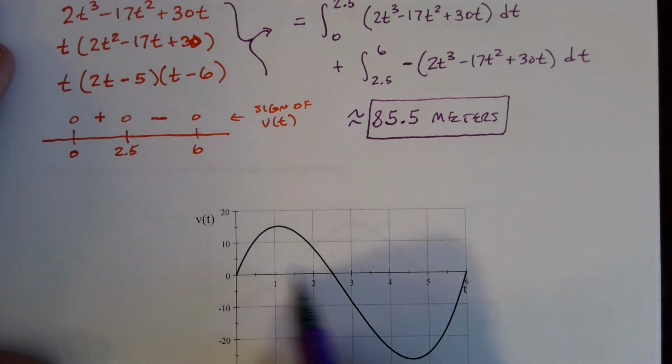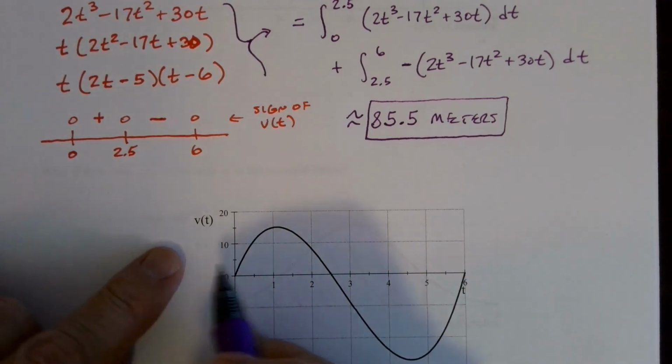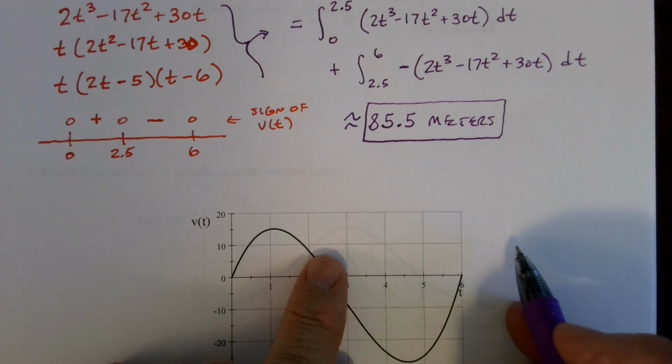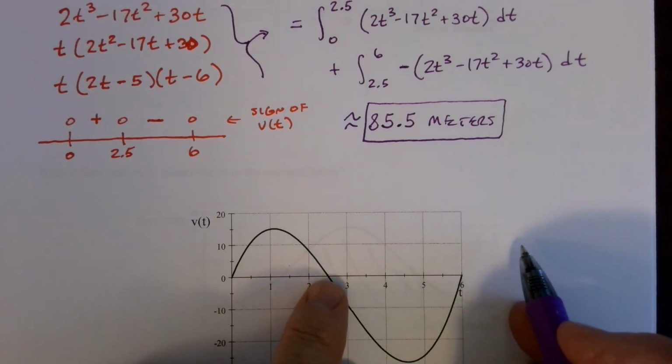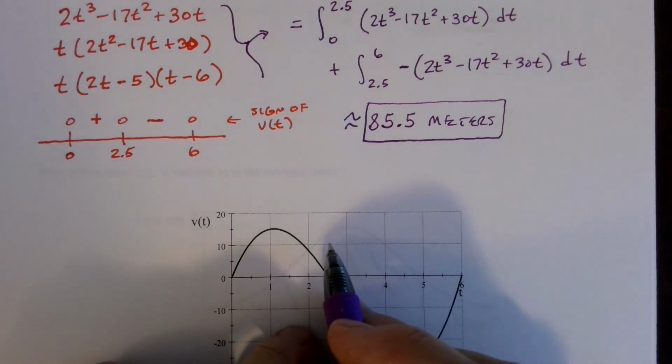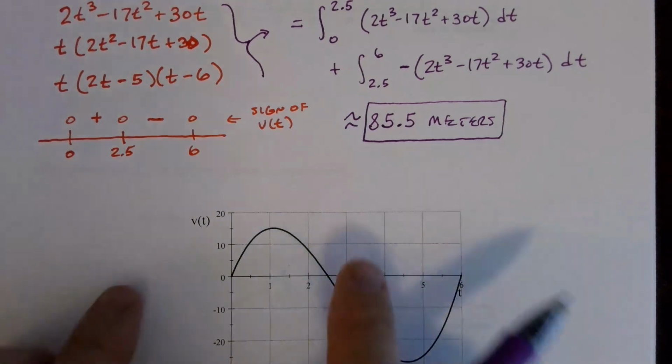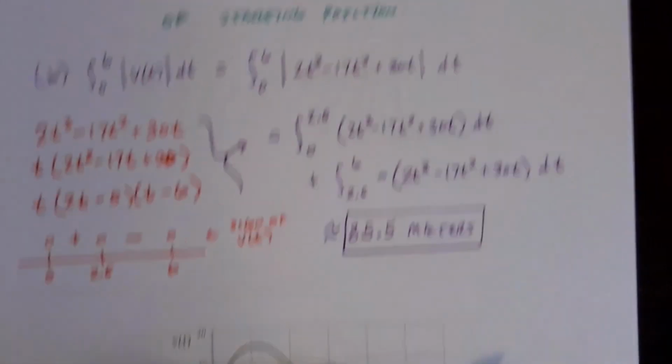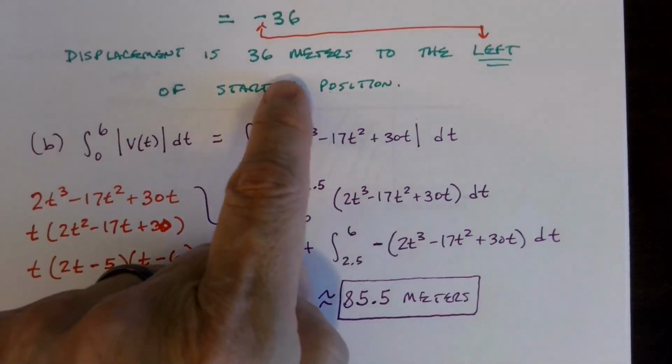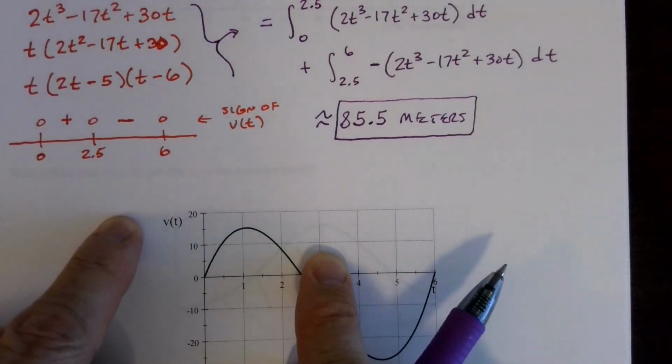Well, in the first 2.5 seconds, the object starts at some position and is moving to the right. And then at 2.5 seconds, at that instant, it's come to a stop, and then it's moving back this way. In fact, it continues to move past our initial position, so that we are, as it says, 36 meters to the left.